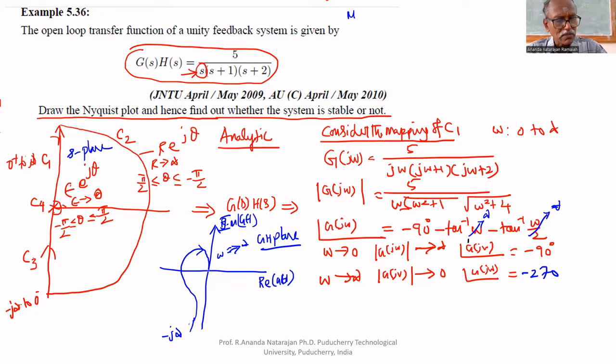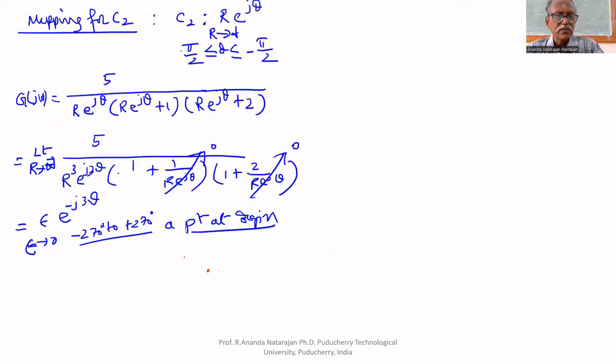It is nothing but a point at the origin. Now the mapping of C3.